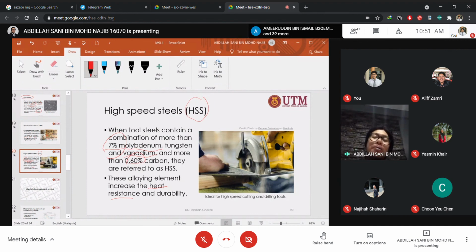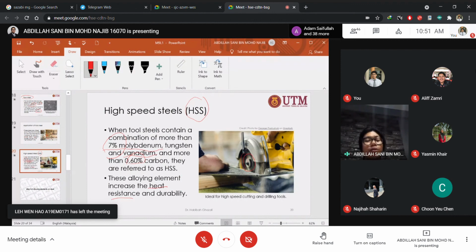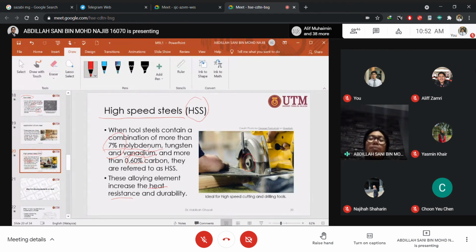If you use it as a machining tool, you don't want to keep all that heat. If you overheat, it might affect your material or the tool itself. So by adding these alloying elements, we have HSS, high speed steel, and the main difference is it has heat resistance and durability. Right. So that is all for today.